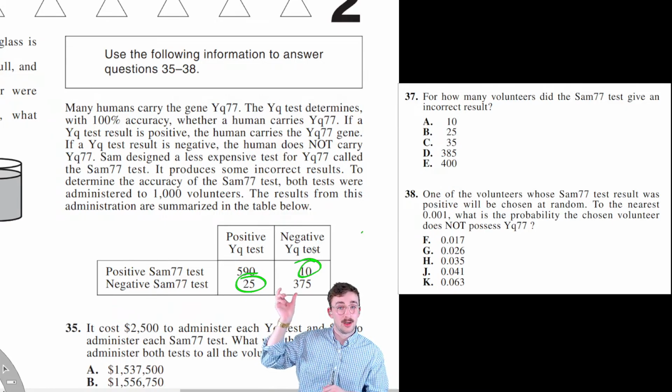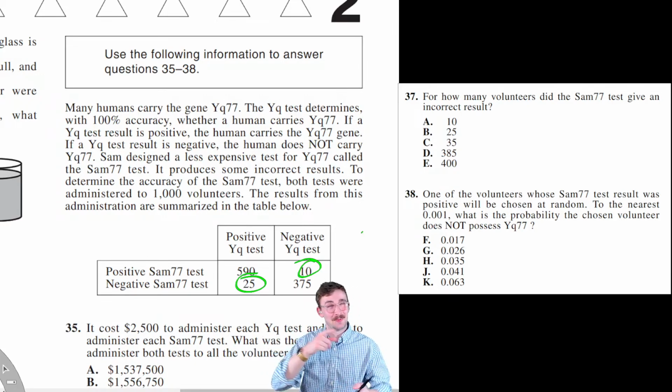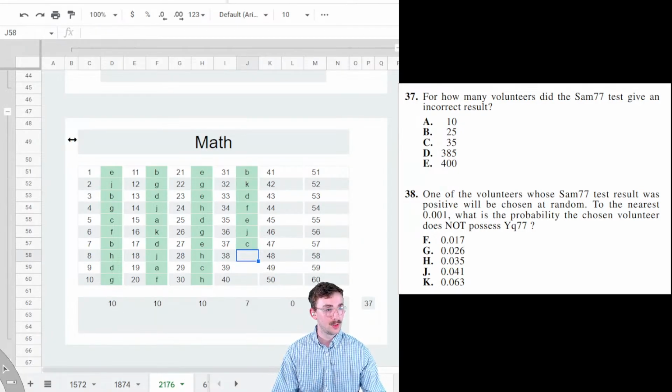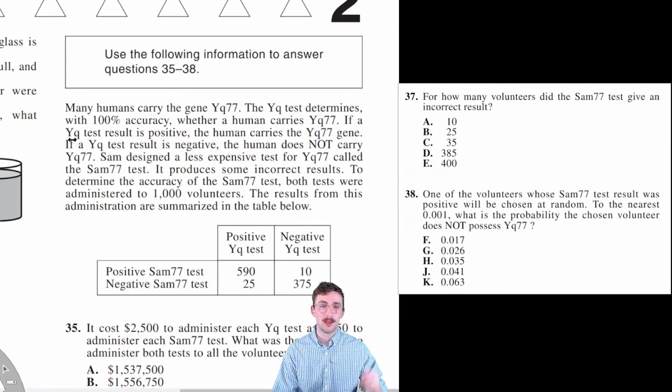So the ones that mismatch, not what they are in the SAM 77. So 35, which would be C. Let's check that real quick. Boom. And now we're on to 38.